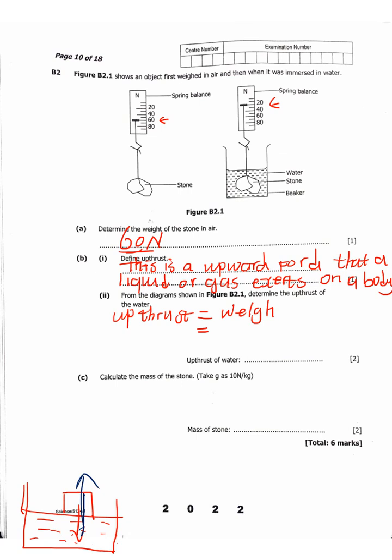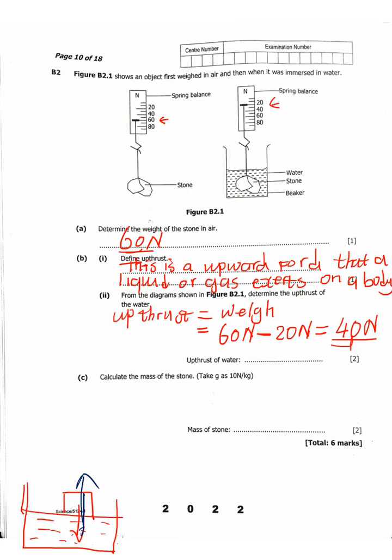Then after being immersed in water, the number reduces to 20. So the weight of the stone was somehow reduced by this upthrust. So what we are going to do is get the 60 newtons before the immersion minus the 20 newtons after the immersion. So we can see that the upthrust was 40. So from that 60, 40 newtons was moved against by this force.